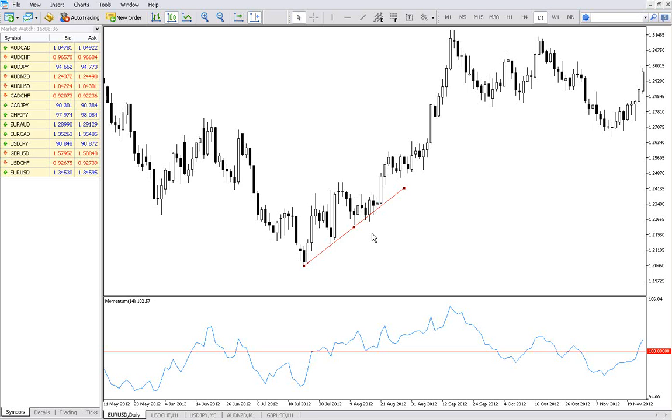So we've got a third hit, and now that I've got a third hit, what we need to do is wait for the price to close. Don't trade it until the price closes, because you need to let the market show you what is happening. Don't make the mistake of trading this if it breaks an area like here or something. You wait for the market to close, and then it has nowhere back.